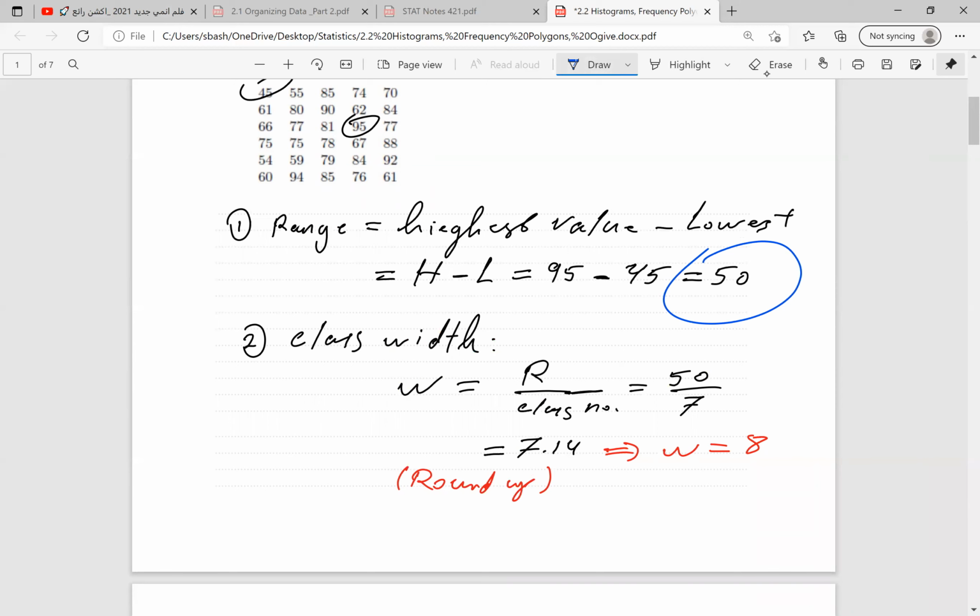But this is 50. If I want to list all the data, I should have 50 rows, which is not good for organizing the data. So if the range is large, we use a grouped frequency distribution.